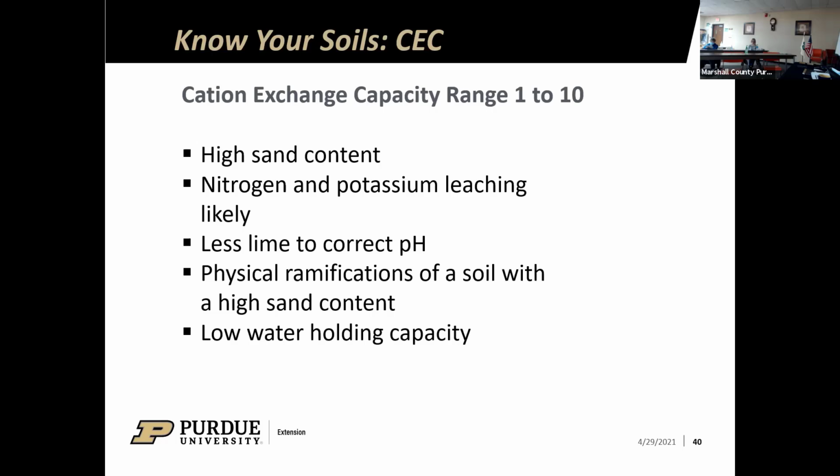Less lime is needed to correct pH, and the soil is more sensitive to excessive lime applied, which could drive the pH very high. Physical ramifications of a soil with high sand content: low water holding capacity. So these soils will not get through a typical growing season most summers without supplemental water.